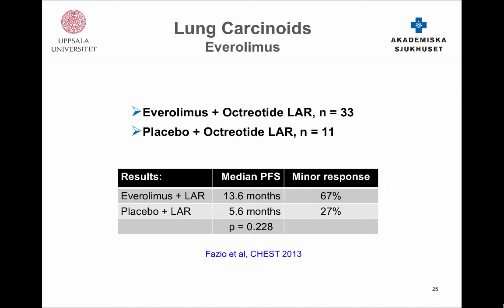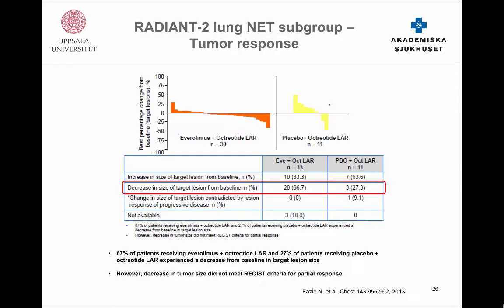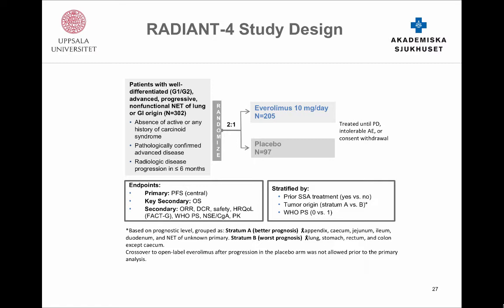You see that the arm with everolimus or Afinitor had a significantly higher median PFS, progression-free survival, compared to the placebo. And you have seen these so-called waterfall plots demonstrated by Dr. Ramirez this morning. And you can see this is for the active compound and this is for the placebo group. You will see that there are more patients that responded in some way.